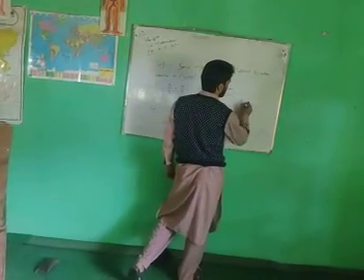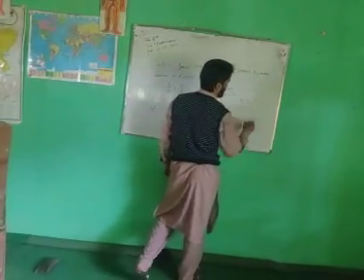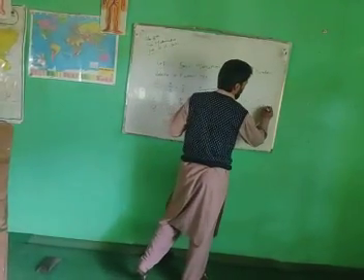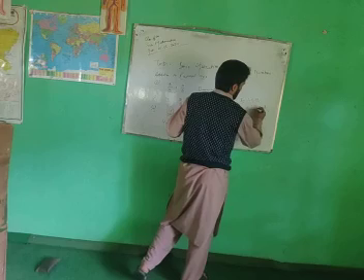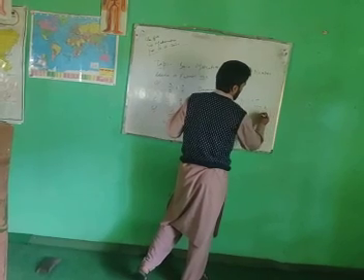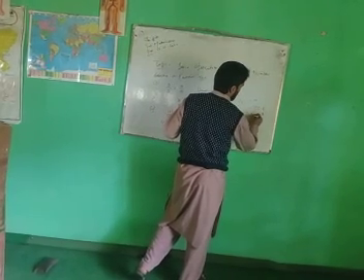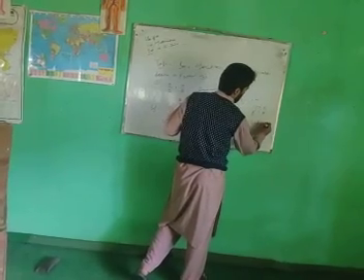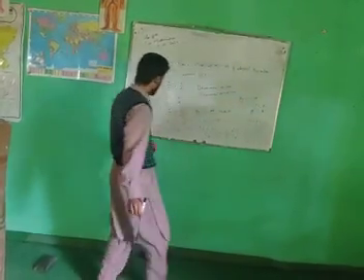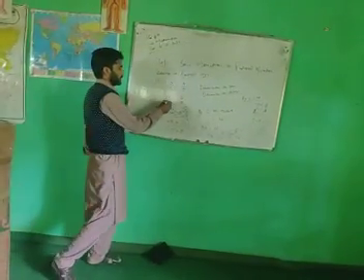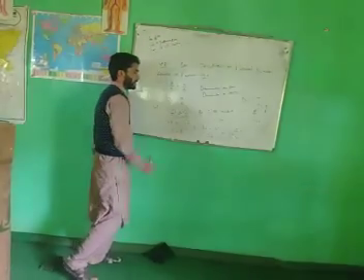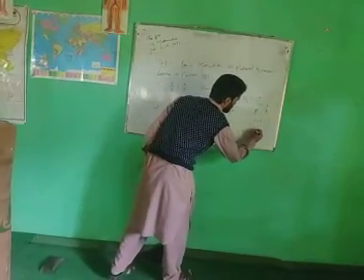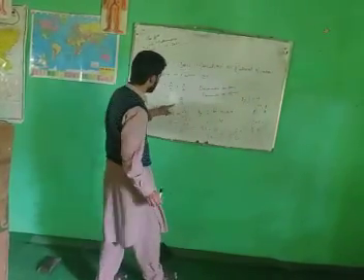We have added 4/7 plus 5/8 by the cross multiplication method, and the second method is by finding the LCM, least common multiple. For that we take the denominators of both numbers, that is 7 and 8, and we know how to find LCM. 7 into 8 is the LCM, that is 56. Now we will convert this denominator into 56. Our question is 4/7.